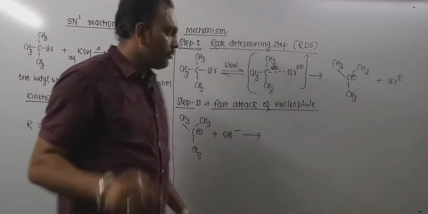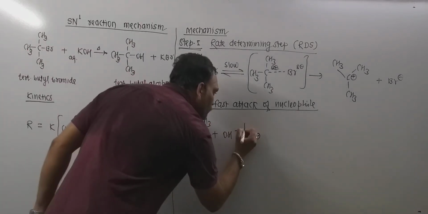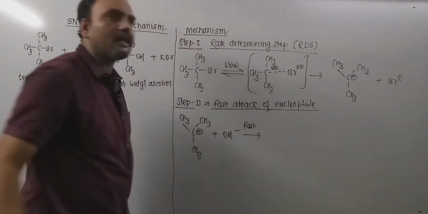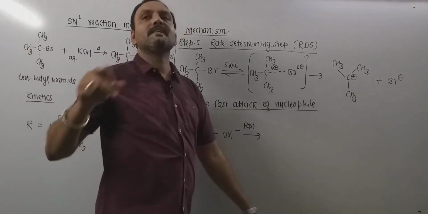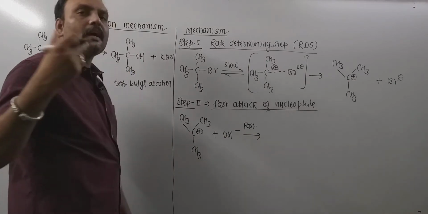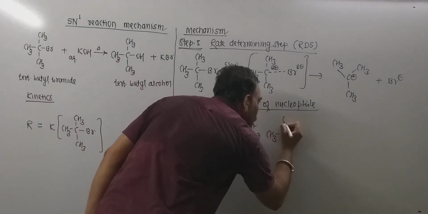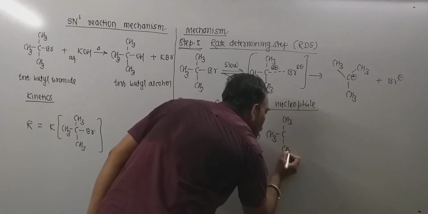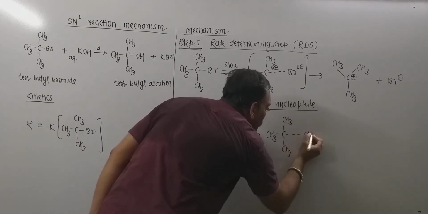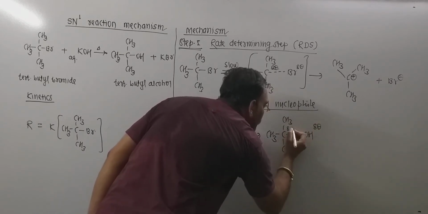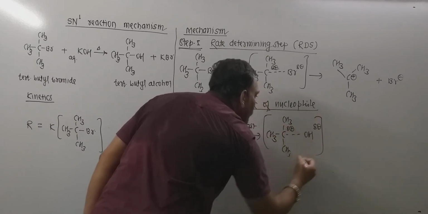And remember, though it is a fast step, no doubt, it also passes through the formation of a transition state. So transition state can be given as, so this can be the transition state for this reaction.